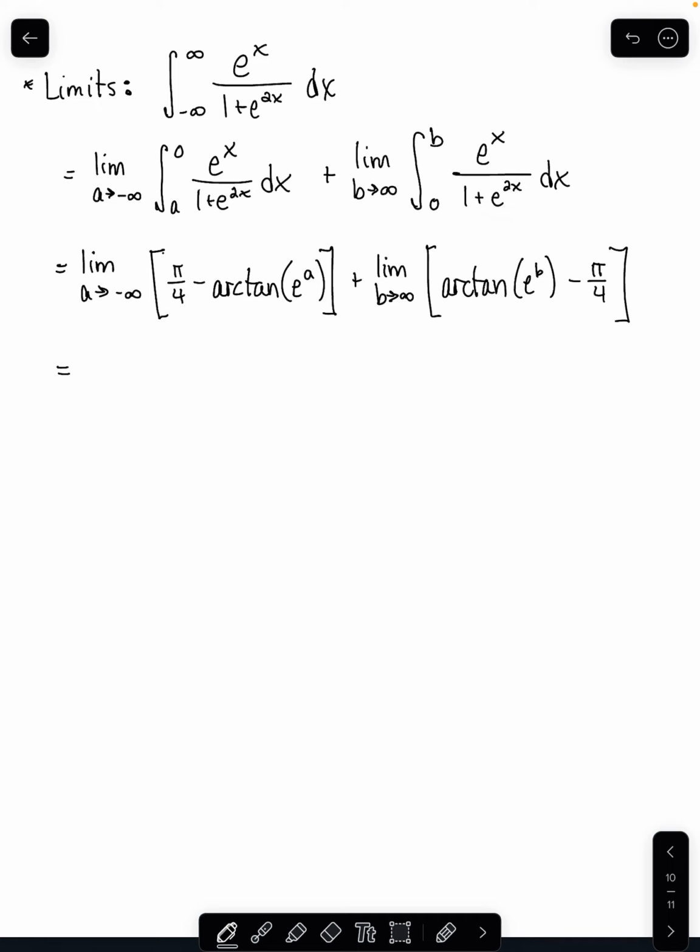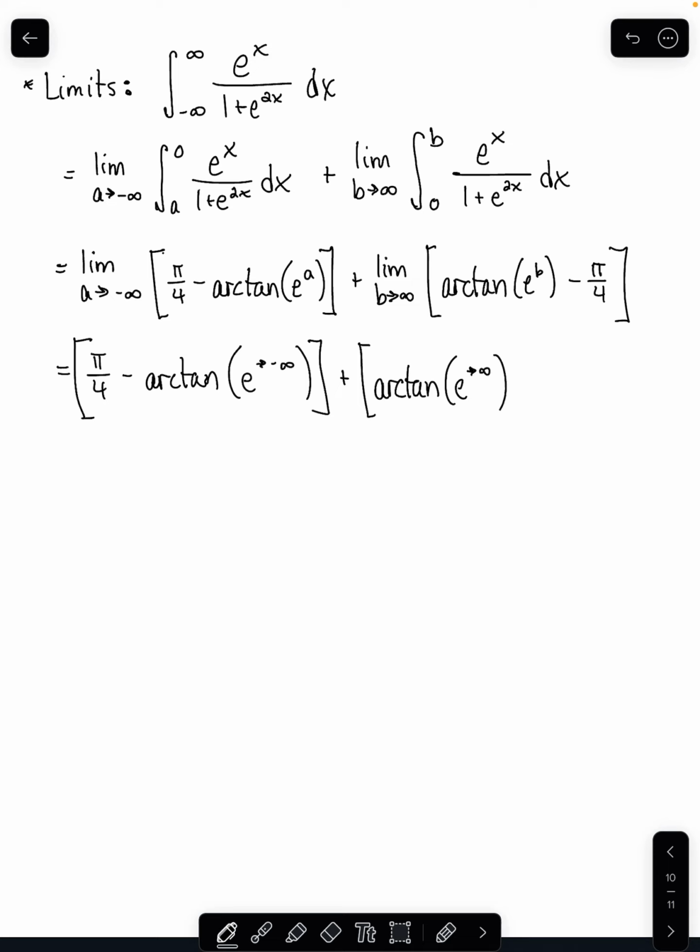So thus we have pi over 4 minus the arctangent of e raised to a power that is approaching negative infinity, and then for the second limit, we have the arctangent of e raised to something that is approaching positive infinity minus pi over 4.